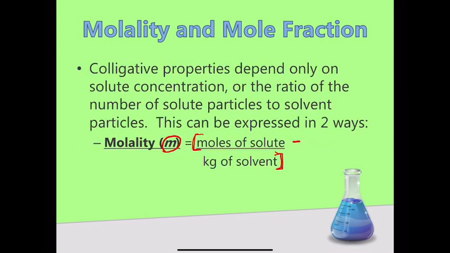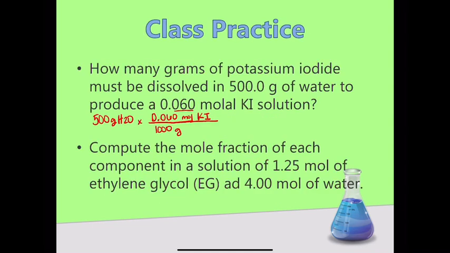Over here I think I said a kilogram, but remember 1 kilogram is equal to 1,000 grams. So I just used 1,000 grams since this was already in grams. I could have changed that to 0.5 kilograms. Either way would have been just fine. Of water is going to be our solvent.